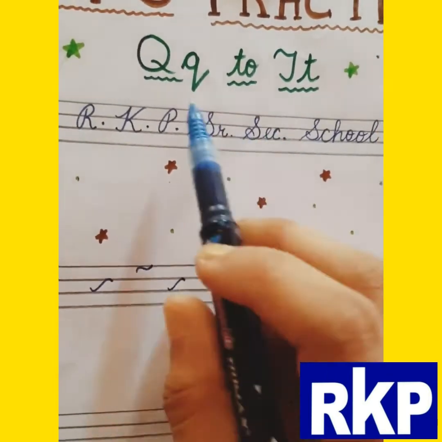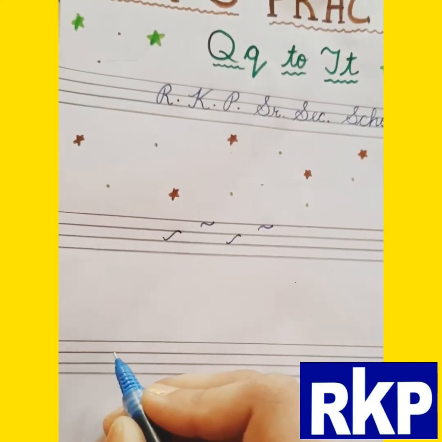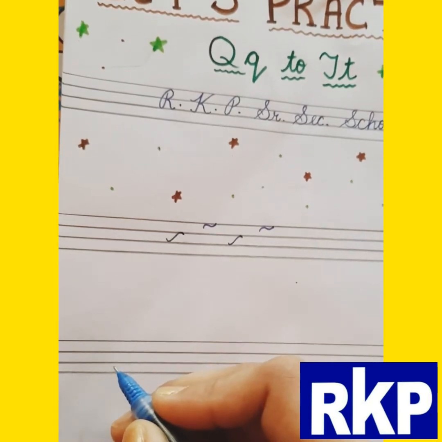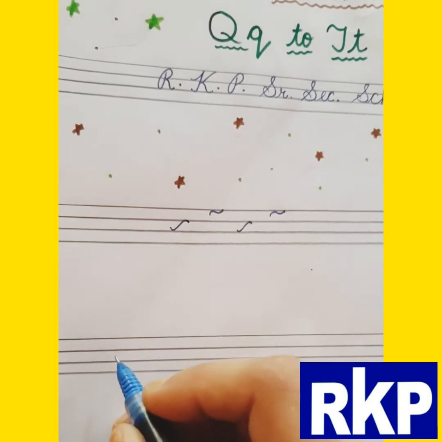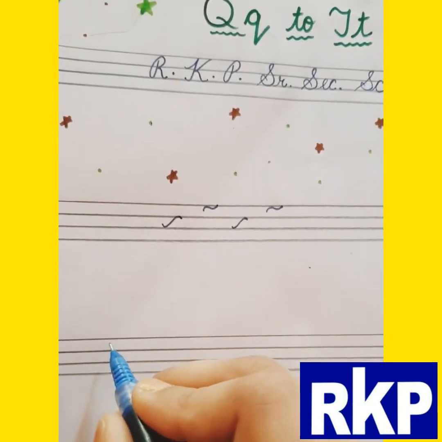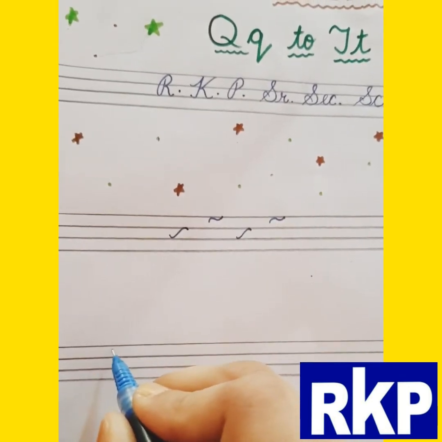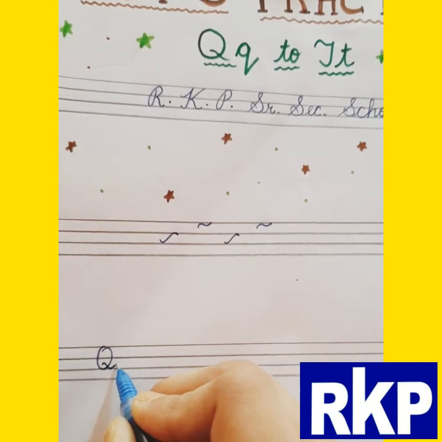Fine. So, now Q. First of all, you will observe me, and when I make it a second or third time, then you will copy. Okay. So, first of all, capital Q. For capital Q, we'll take a circle, round, and a curve.